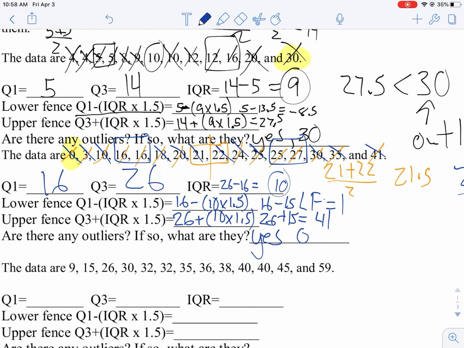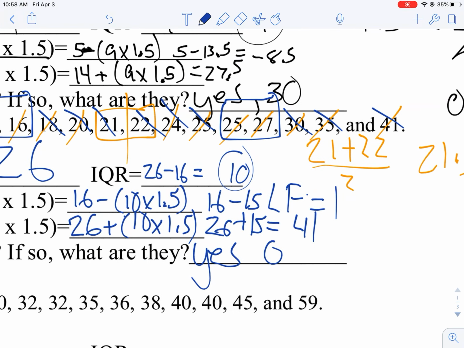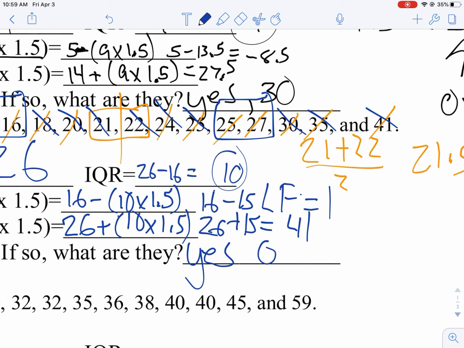Now, here's the interesting part. 41 falls right on the fence. That's on the fence. So what that means is that if it falls on the fence, it's in.